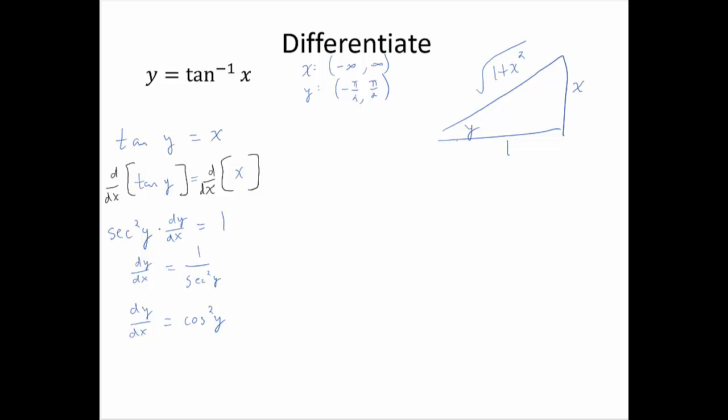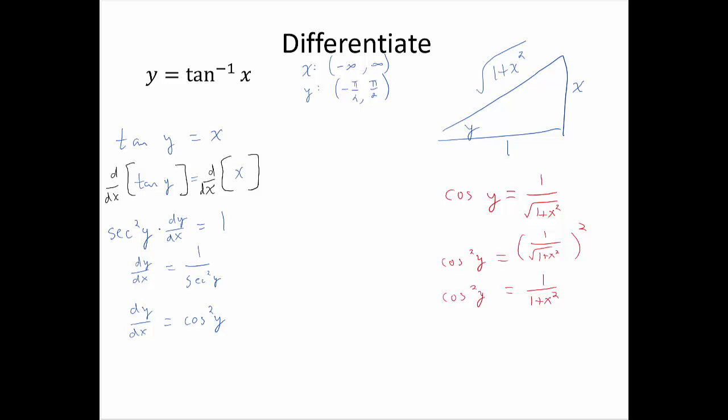So let's see, cosine of y from my reference triangle would be the adjacent over the hypotenuse. And so then cosine squared y would be that whole thing squared. And so cosine squared y is equal to 1 over 1 plus x squared.